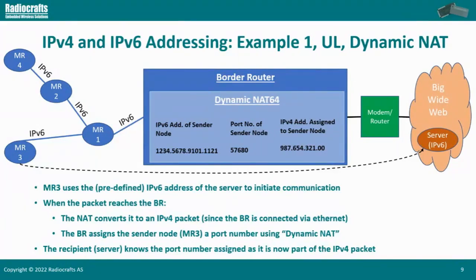So basically with NAT, we have 2 versions, static and dynamic NAT. Both are very simple, and we will explain them with examples, and we'll tell you how to use each one and when to use this and when to use that. So here first we have the dynamic NAT. As usual, on the left-hand side, we have the mesh routers, speaking with IP version 6. Then you have the border router. Here it's a bit bigger because we need to explain what's happening inside the NAT.